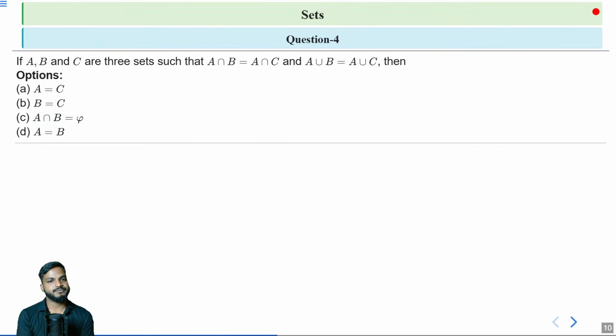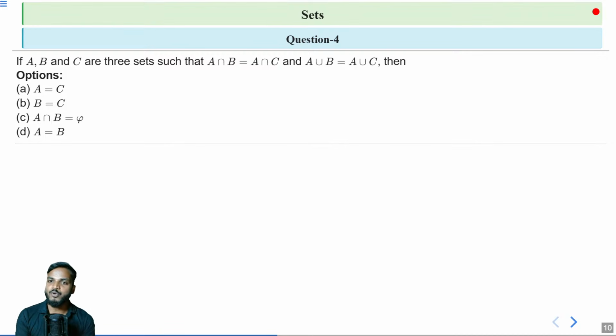Question number 4. In this question, we are given three sets A, B and C. We satisfy a condition that A intersection B and A intersection C are equal, and A union B and A union C are also equal.